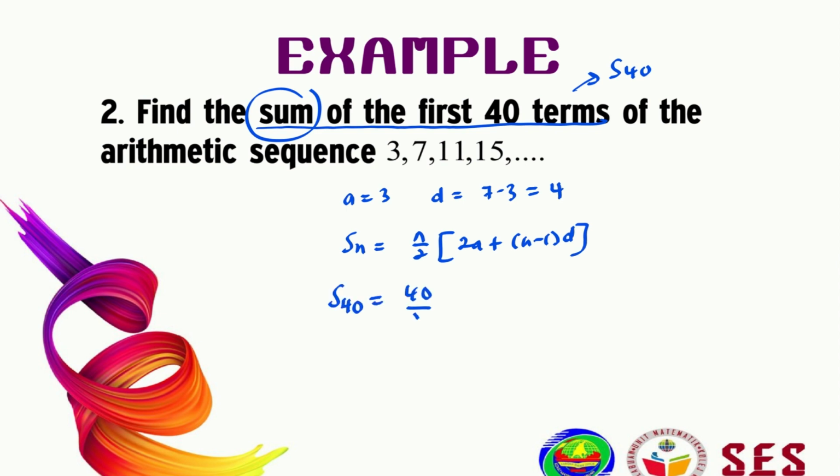So we have 40 over 2 times (2 times 3 plus 39 times d), and our d is 4 in this case. When we calculate this, we will get the final answer of 3240.